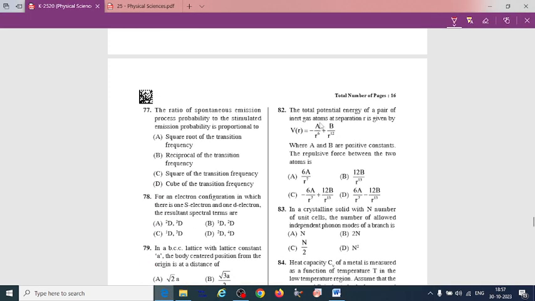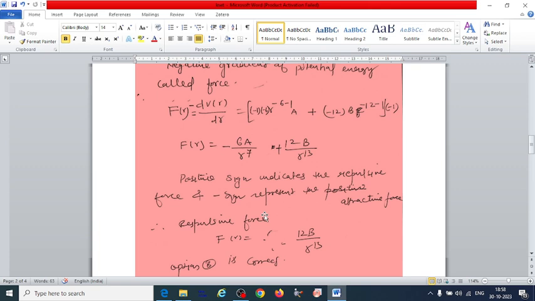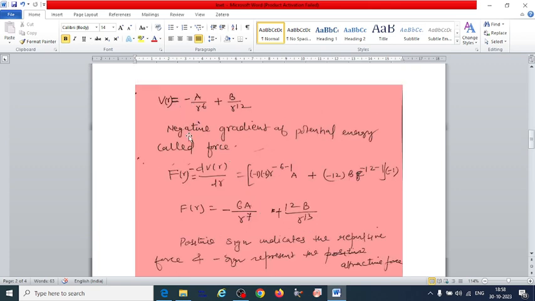The next question: the total potential energy of a pair of inert gas atoms at separation R is given by. The correct answer here we will get from this equation. The negative gradient of potential energy is called force, that is F equal to minus dV by dr. If we take the derivative of the given potential energy equation, we will have the force equation like this.